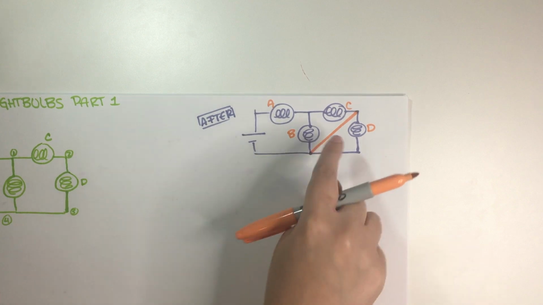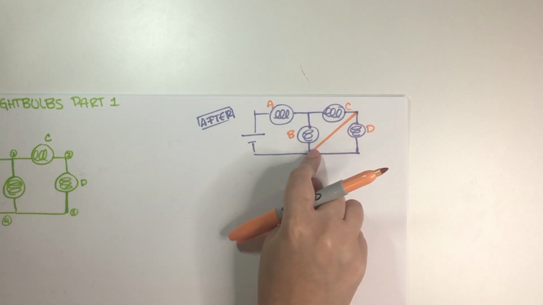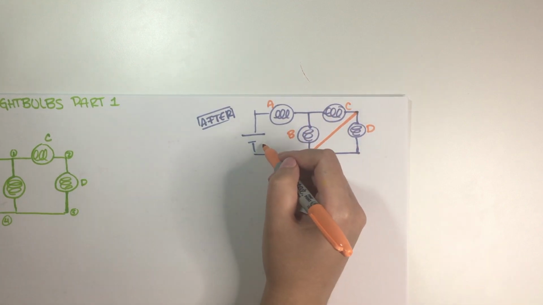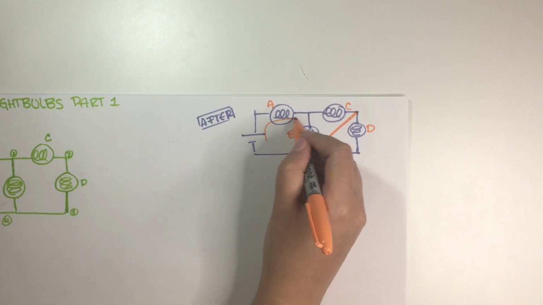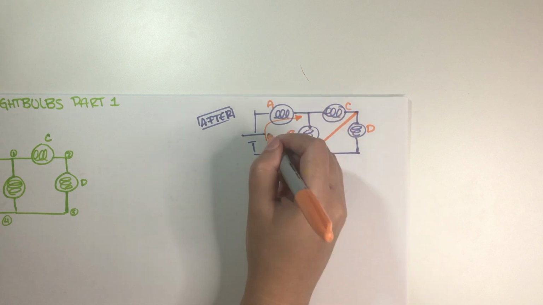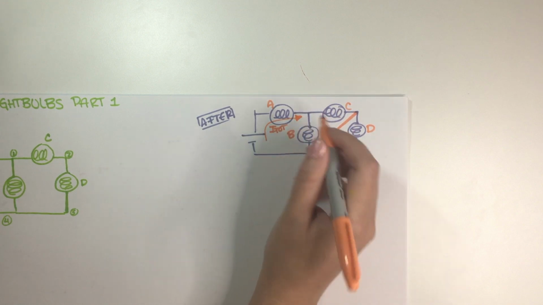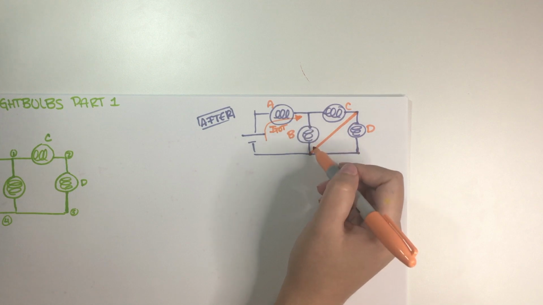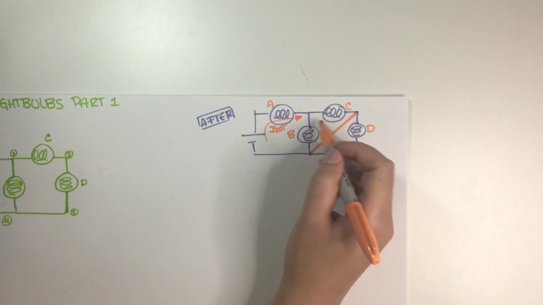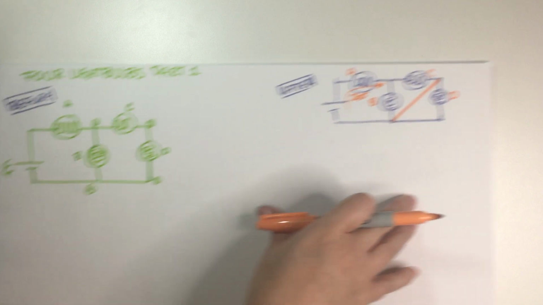So once we connect this wire, you have your total current just as before. There is a total current, and then it's going to split up. Some of it goes down here, and some of it goes over here just as before.